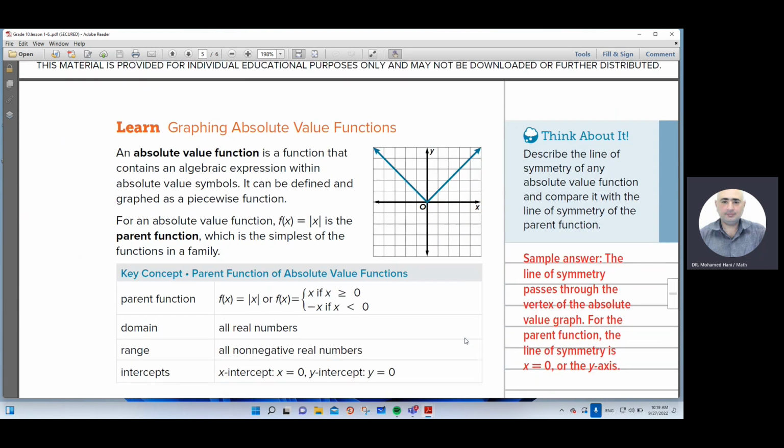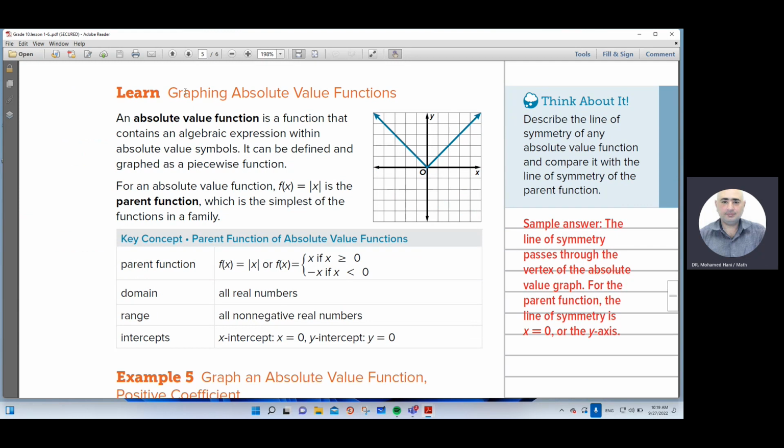The last idea or the third idea in this lesson: graphing absolute value functions. So I want from all to write this title, please. Graphing absolute value function. What's the meaning of an absolute value function? It is a function that contains an algebraic expression within absolute value symbols.